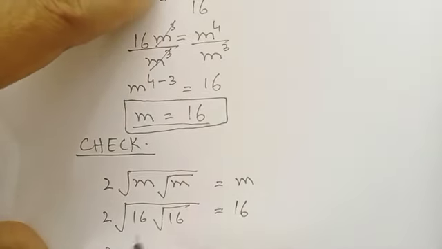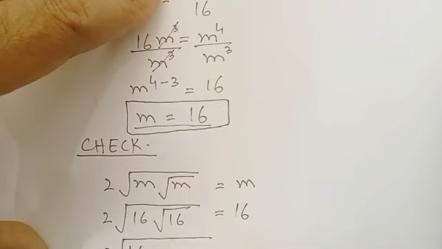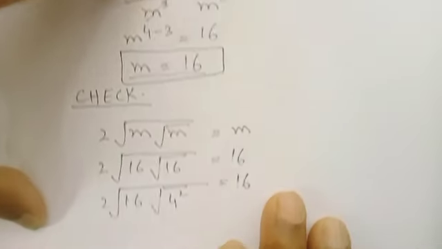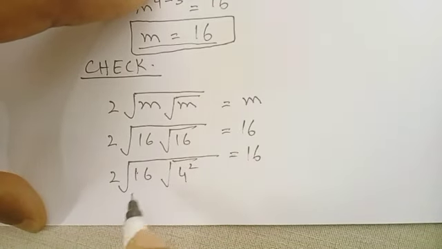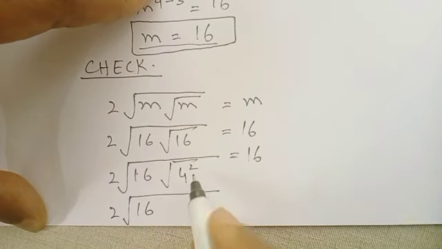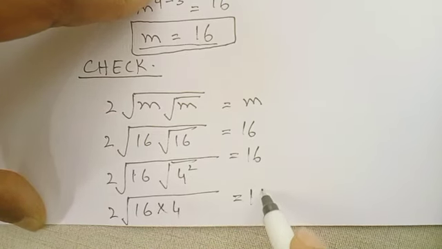Here we see that the square root of 16 is 4, so the right factor is 4. So here 2 into 16 is 32, the square root of that cancels.